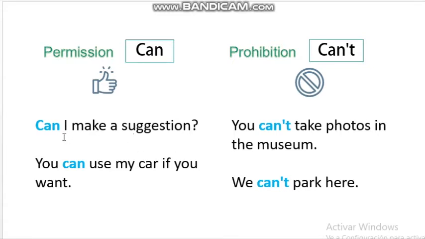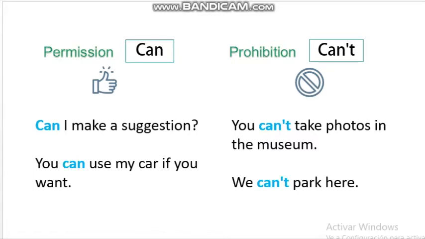We are asking permission using the modal can. The same with "You can use my car if you want." So you have the permission to use my car if you want.